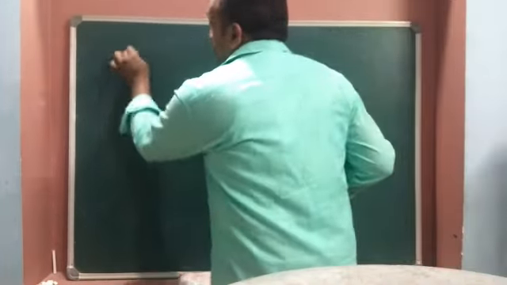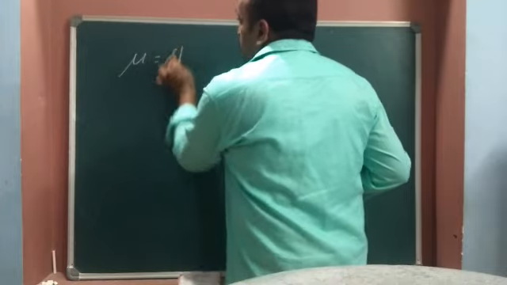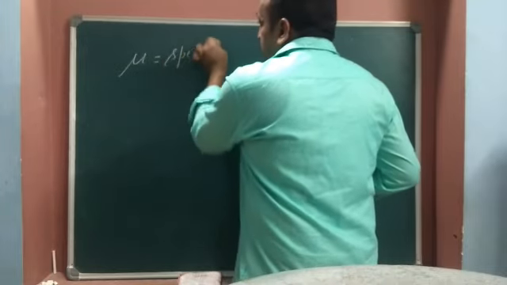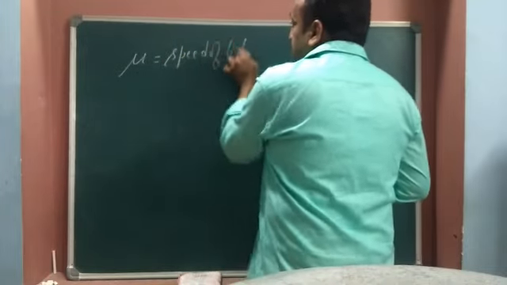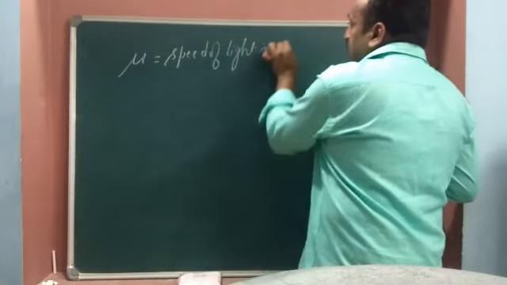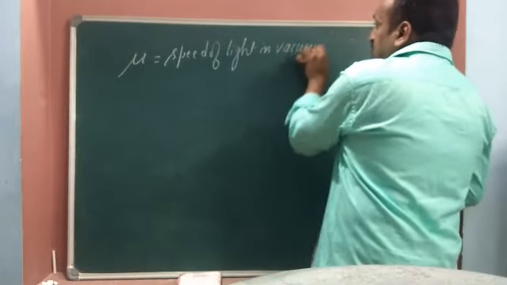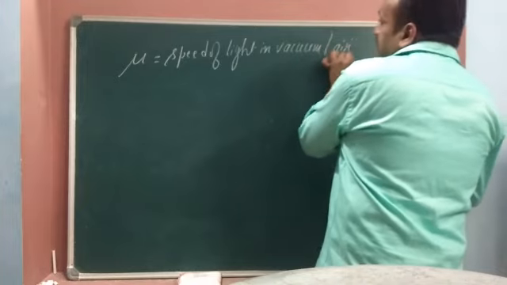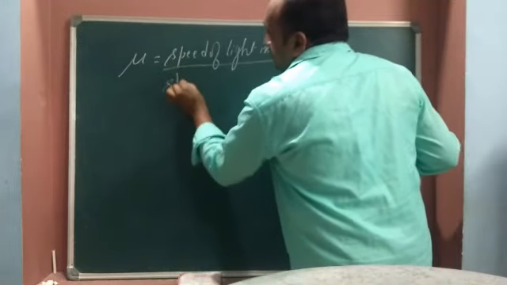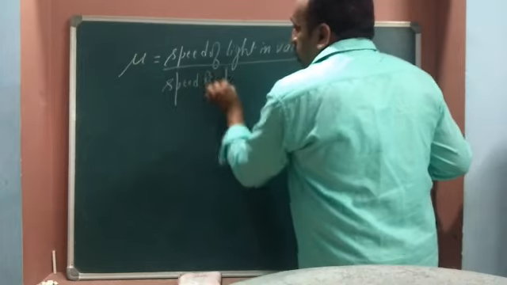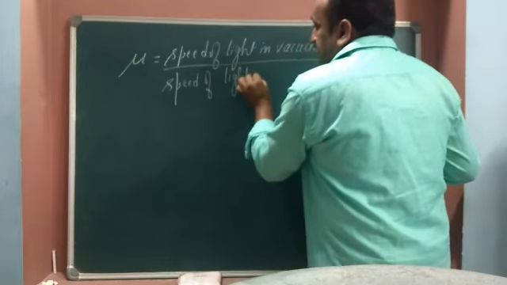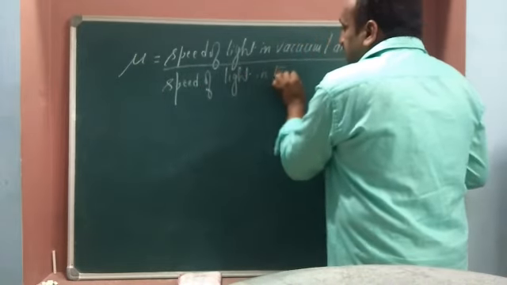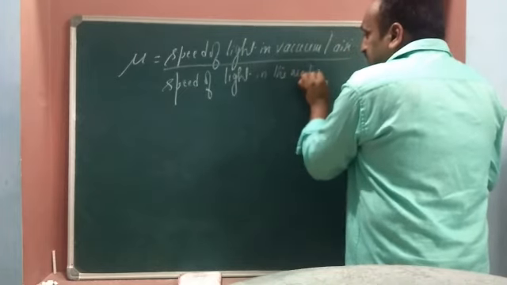How do we define refractive index? The refractive index mu is equal to the speed of light in vacuum or air divided by the speed of light in the medium in which it travels.